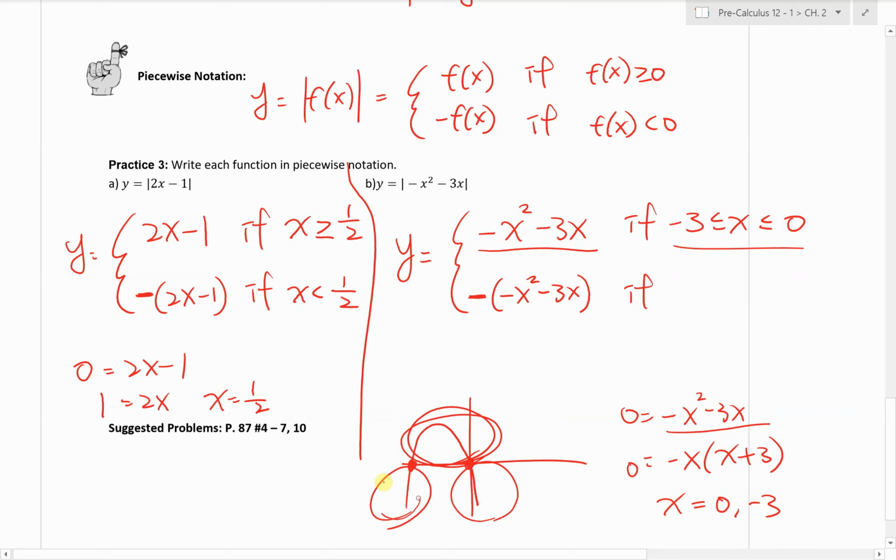Well, it is either x is smaller than negative 3, or x is greater than 0. Right? That would be the domain for each of those two parts. Okay, so piecewise notation might need some time to wrap your head around, but I think if you draw a quick sketch, it will definitely help.